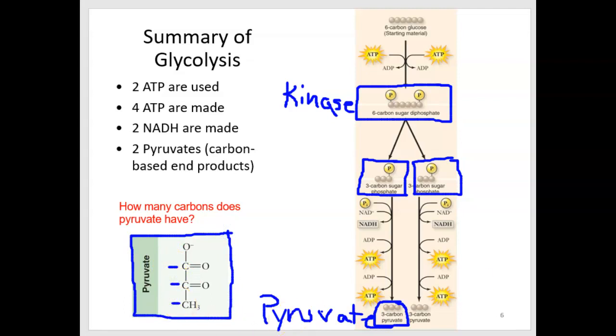Okay. Now, since bonds are broken, there's free electrons around, and those electrons are going to hop onto NADH. So NADH is produced.